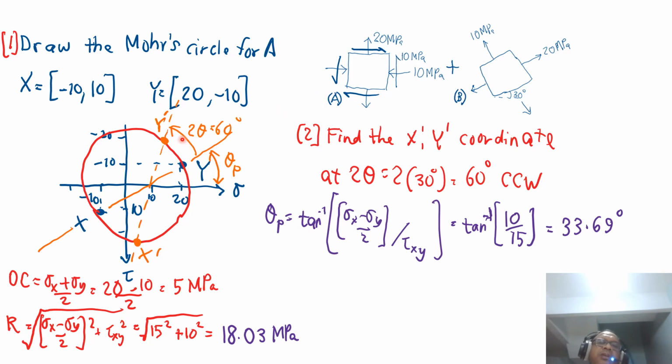Okay, so if I can draw these elements here, it looks like this. If I can draw the element, it now looks like this. So it is 10 compression and 10 shear stress and 20 in the y face.